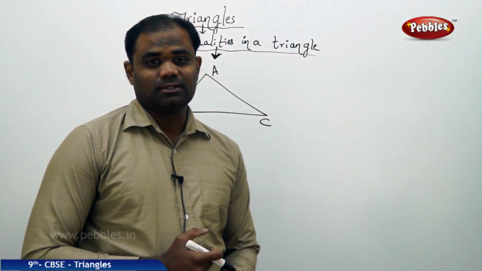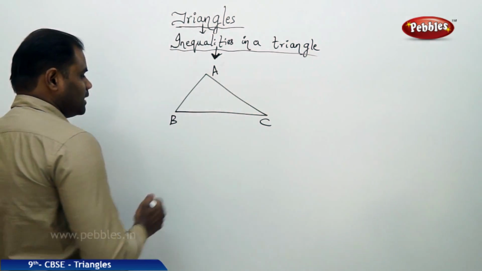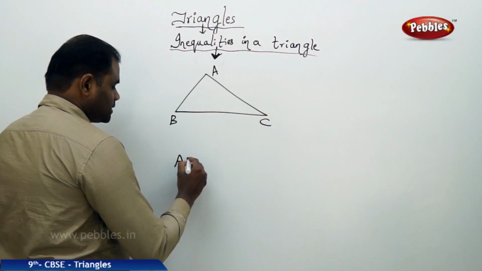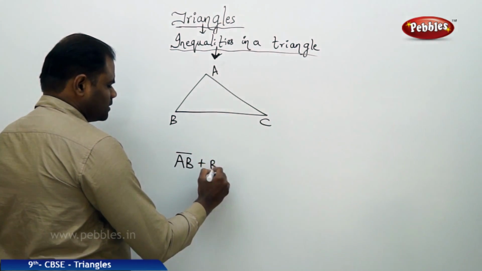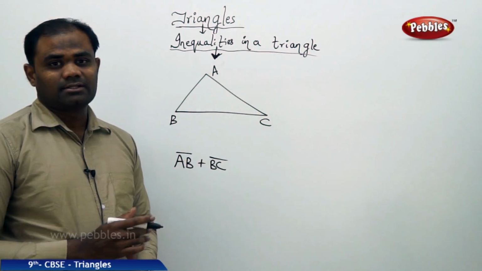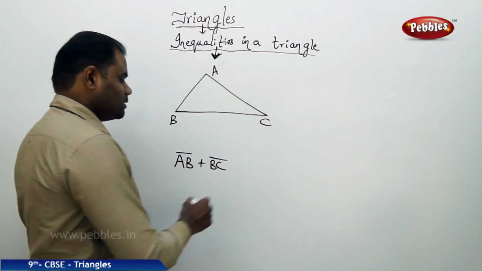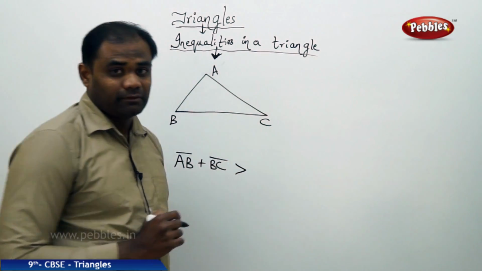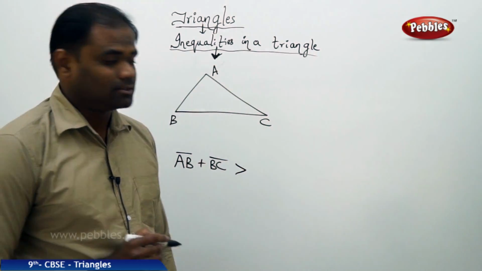Clearly, when I add the two sides AB and BC, it must be greater than, and can never even be equal to, AC, the third side.